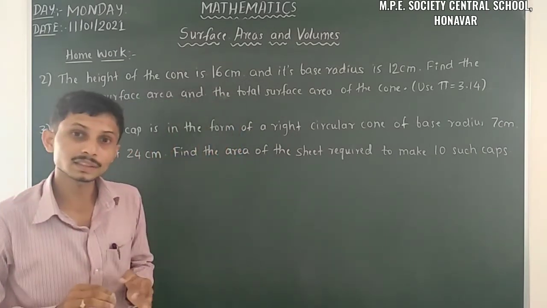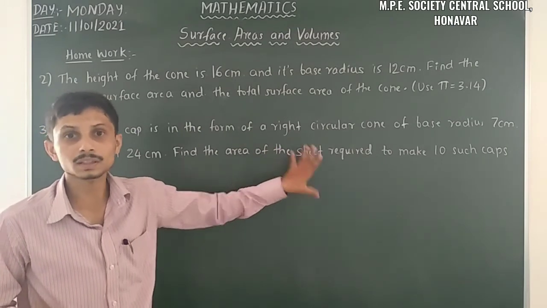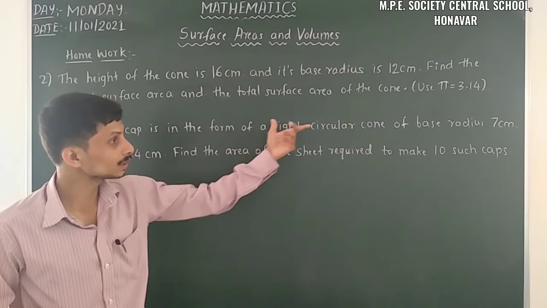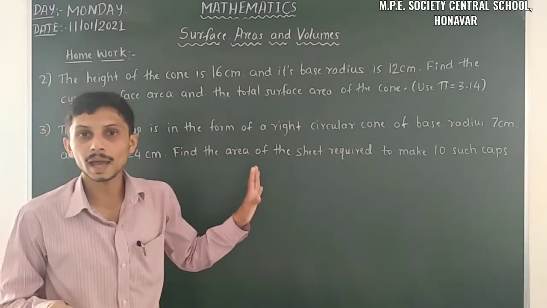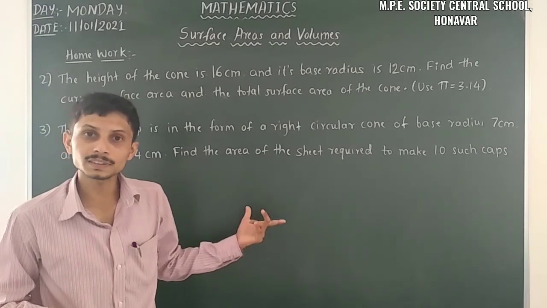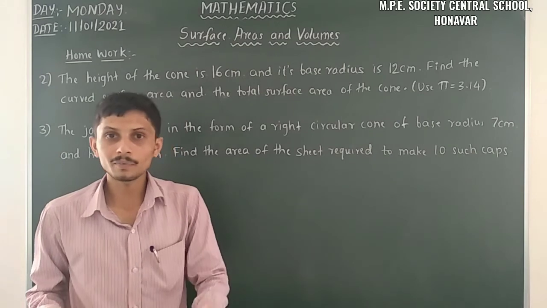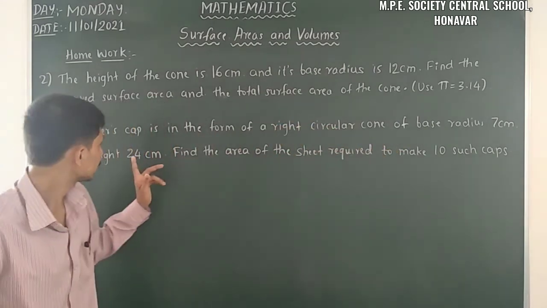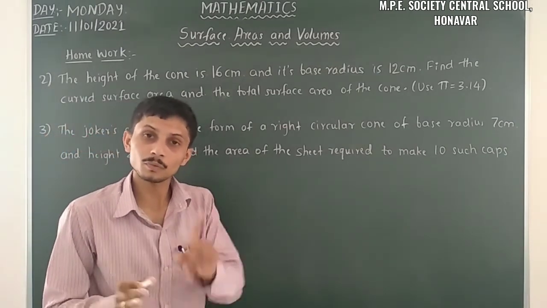That means there is no base circle part, and we can only find the curved surface area, using the base radius and the height. The answer is the curved surface area of one cap.